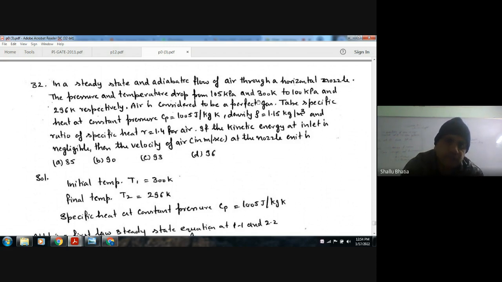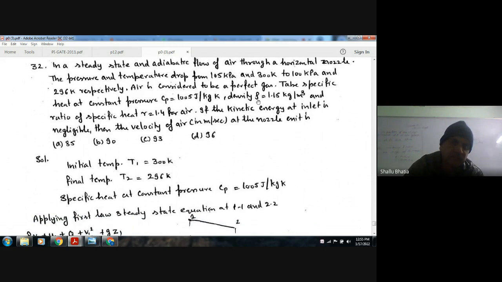The air is considered to be perfect gas. Take specific heat at constant pressure Cp equal to 1005 joule per kilogram per degree Kelvin, density equal to 1.15 kilogram per meter cube, and the ratio of specific heat gamma equal to 1.4. For air, if the kinetic energy at the inlet is negligible, then the velocity of the air in meter per second at the nozzle axis is option A 85, option B 90, option C 93, option D 96.